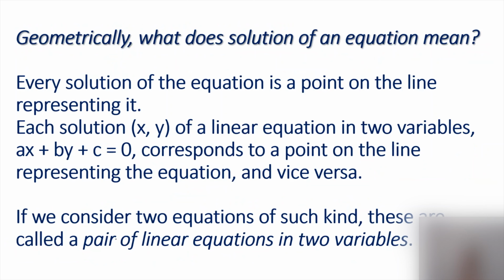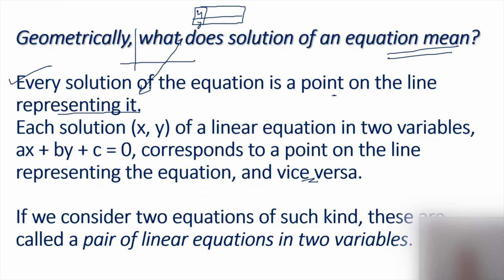Now, geometrically, what does the solution of an equation mean? What is the meaning of the solution? Let's try to recall. Every solution of the equation is a point on the line representing it. This we have done in class 9th also, that when we plot the graph for a linear equation in two variables, we get the graph of the linear equation as a straight line. And what about the solution?